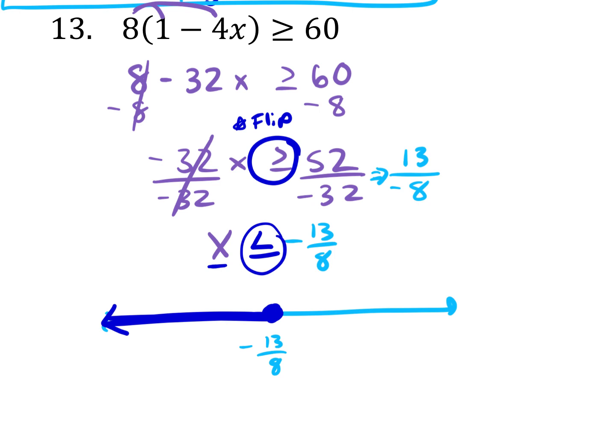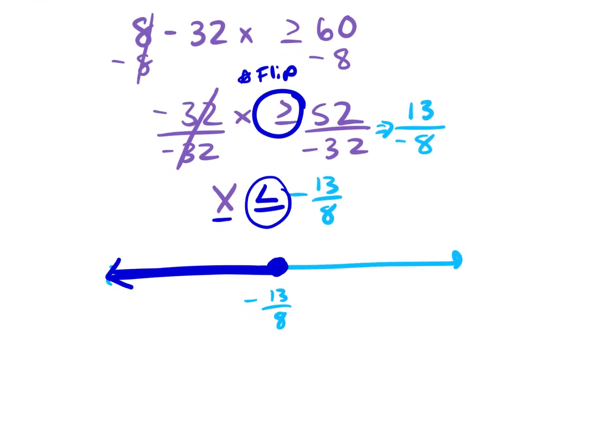Now let's write our interval notation. So our arrow's pointing in which direction? To the left, which is positive infinity or negative? Negative infinity. So what's our interval going to start with? Negative infinity with a parenthesis, because infinity always gets parenthesis. And then our graph ends at negative 13 over 8.